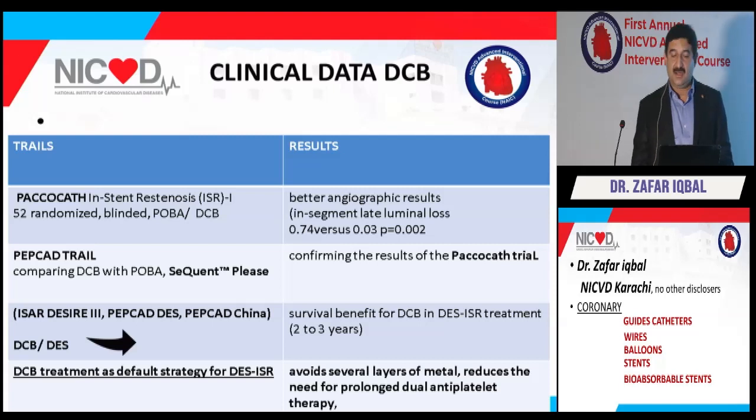The PEPCAD trial confirmed those results. The other trials, like DARE, PEPCAD-DES, and PEPCAD China, showed the survival benefit of drug-coated balloons in DES ISR treatment for 2 to 3 years. That was the trial conducted against the DES. So there is a lot of talk about whether to put in a stent or use just a drug-coated balloon, and it is still in the research phase.